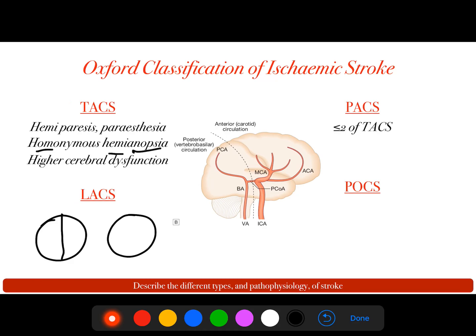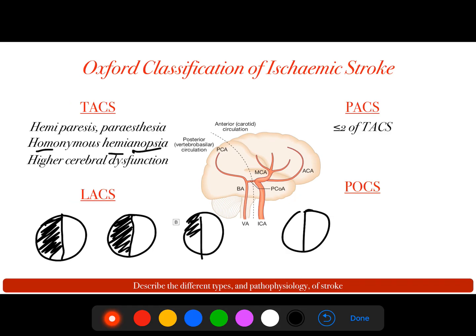So for each eye, you have the same visual field defect. Contrast that with pituitary adenoma, classically causing bitemporal hemianopia. That is a heteronymous hemianopia because it's different for both eyes. This is our homonymous hemianopia we're looking for.